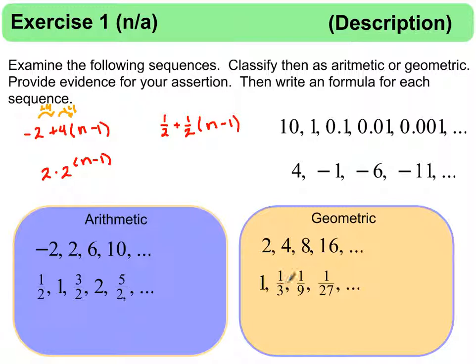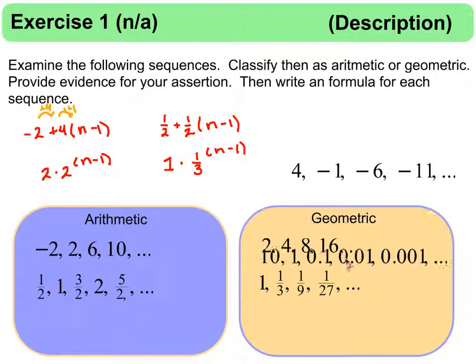For this geometric one, we noted that we are multiplying by 1/3 each time. So the first number was 1. We're multiplying by 1/3, and we're going to raise that to the n - 1 power. For the next one, 10, 1, 0.1, 0.01, that is going to be geometric.